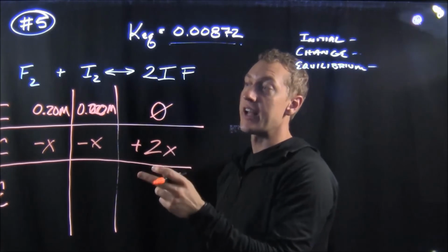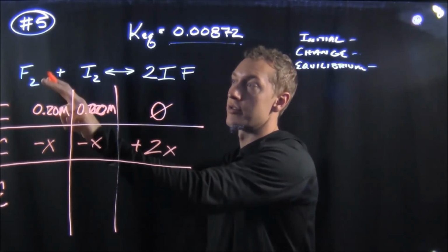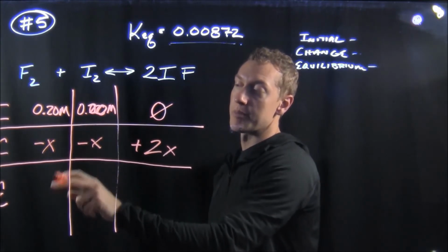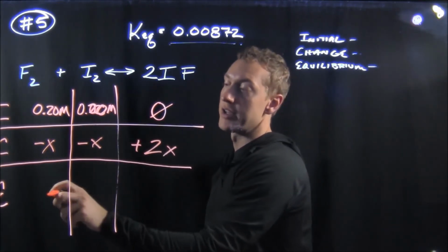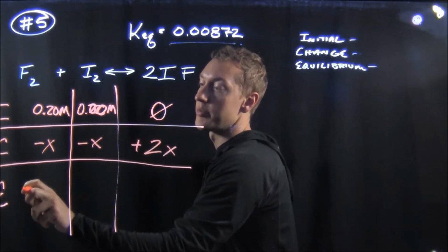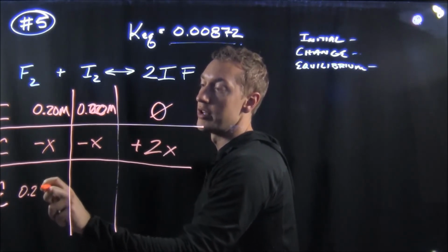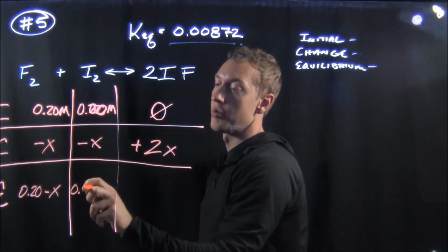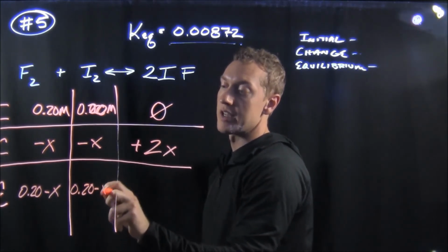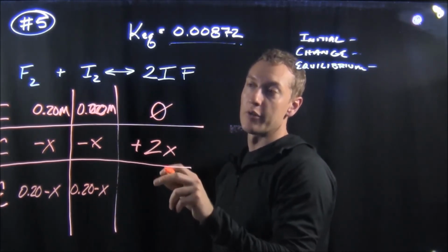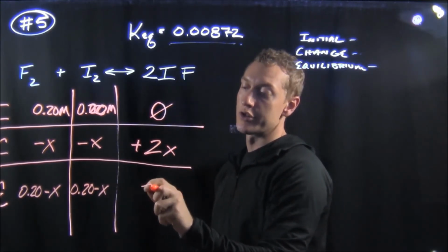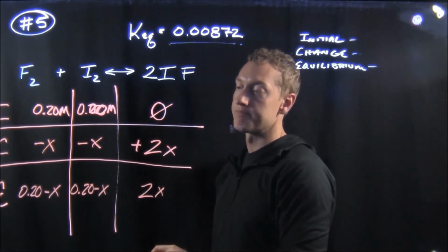And then that means that at equilibrium, fluorine will have decreased from 0.2 by X amount to be whatever concentration it'll be at equilibrium. So at equilibrium, it'll be 0.20 minus X. Iodine, same thing, 0.20 minus X. And iodine monofluoride will go from 0 up by 2X, so it'll just be 2X.